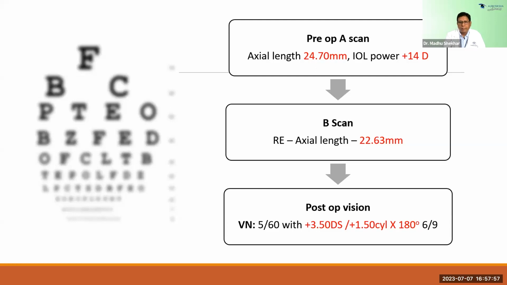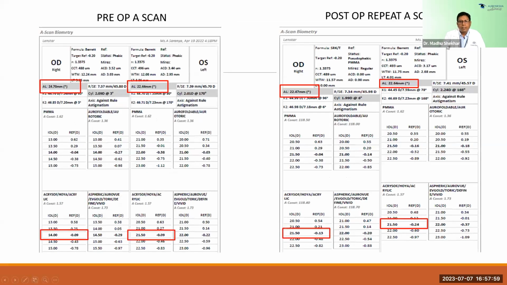So where did we go wrong? In this A scan sheet, you can see that in pre-op there was a gross difference in both eyes. Axial length difference was around 2 millimeter between both eyes, and IOL power was 14 diopter in the operated eye, and in the other eye it was showing 21 diopter.